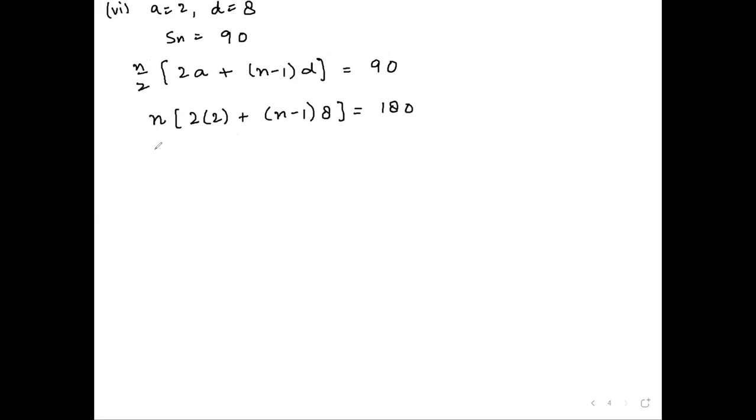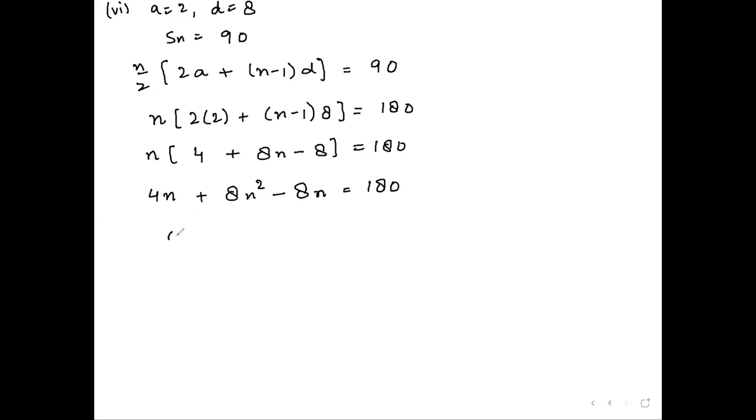Now this will be n into 2 into 2, 4, plus 8n minus 8, equal to 180. Now just multiply n inside. So 4n plus 8n square minus 8n is equal to 180, right?